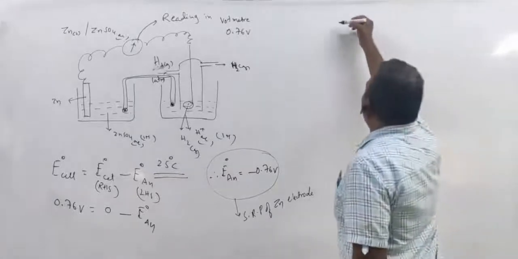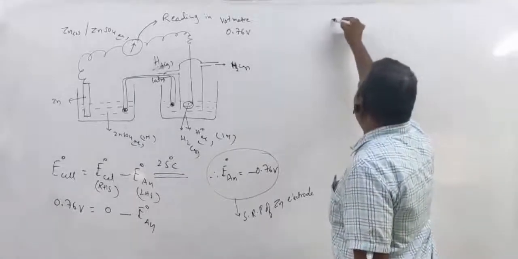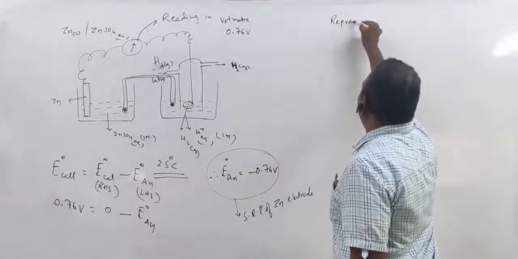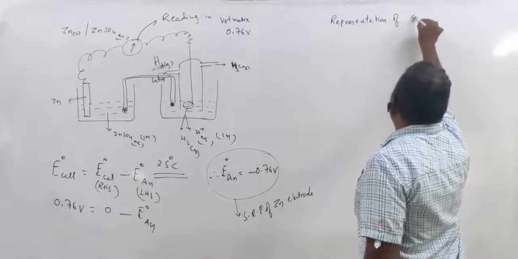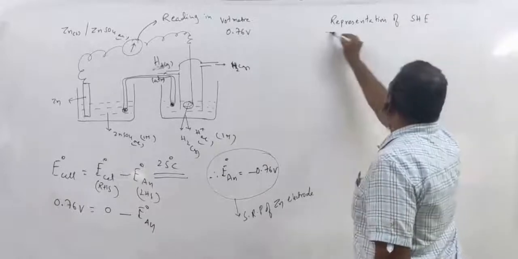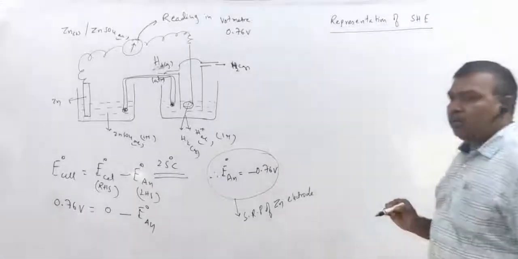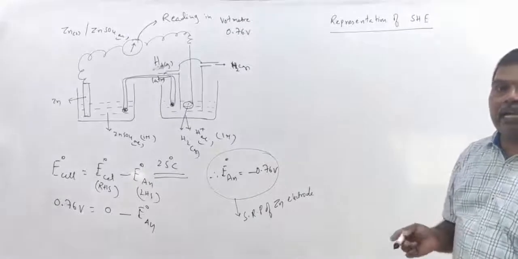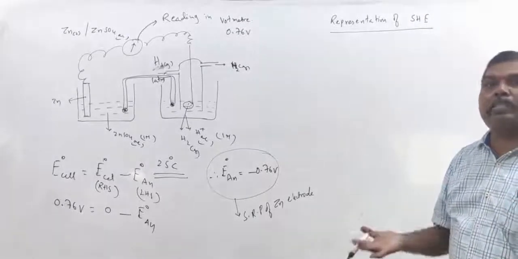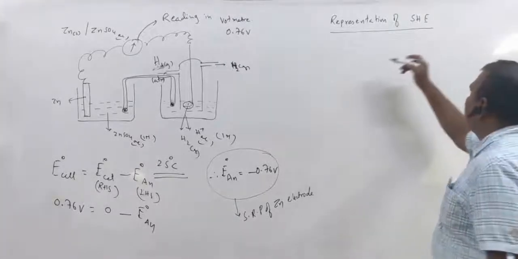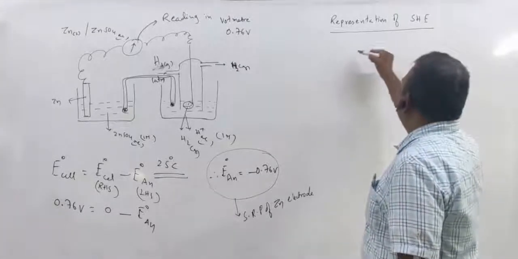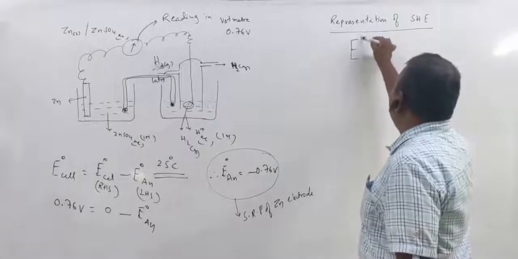Now, how will you represent the hydrogen electrode? Representation of SHE, standard hydrogen electrode. Standard means reduction potential according to our IUPAC recommendation. So, E naught.